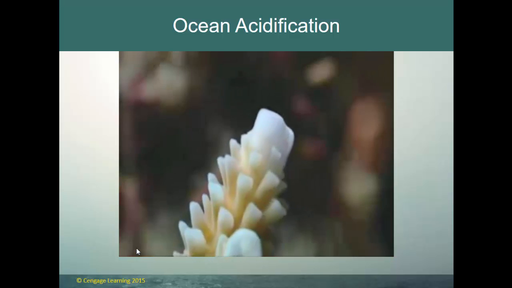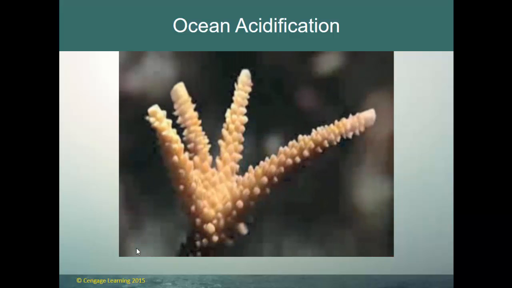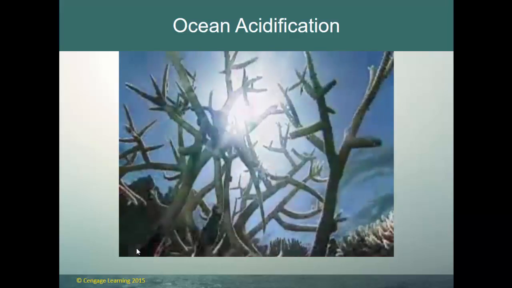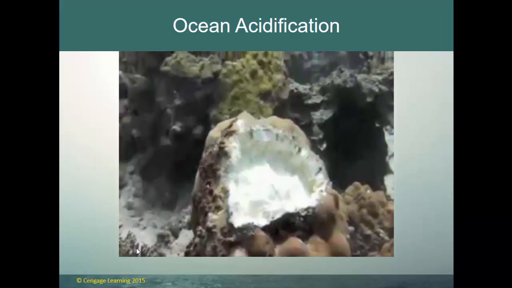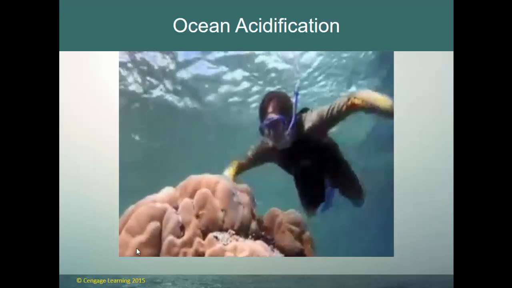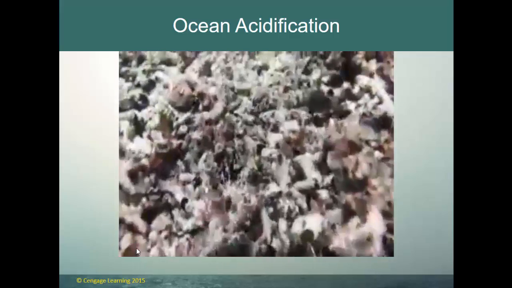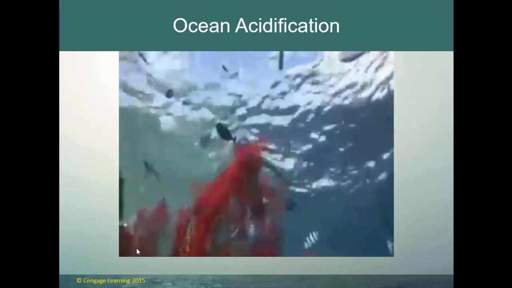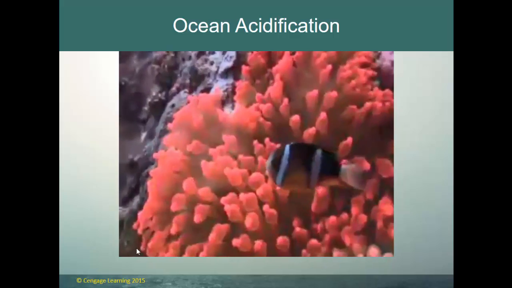Their skeletons can't form if the water becomes too acidic. If the oceans continue to acidify at their current rate, coral could eventually disappear from our oceans. With the coral would go all the other life that depends on them.